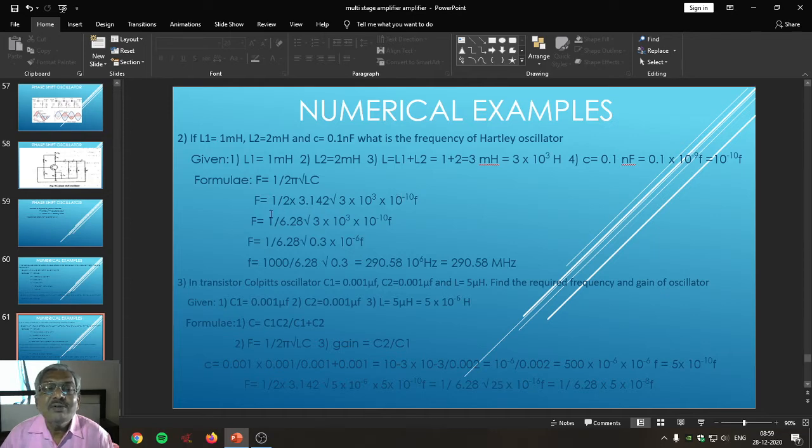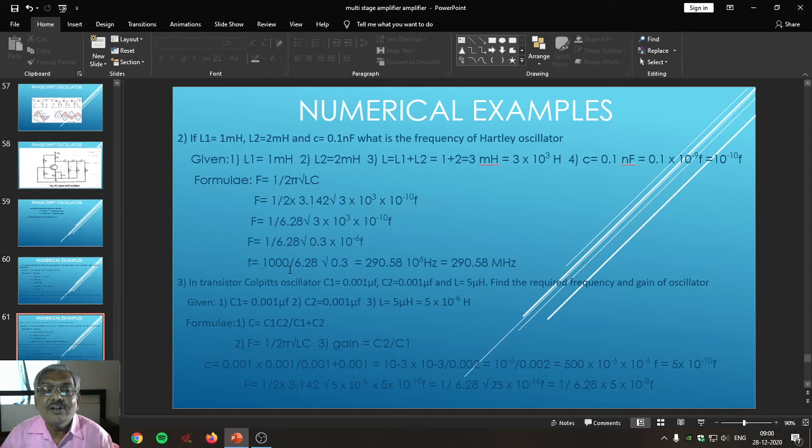That is equal to 1 upon 6.28 into square root of 3 into 10 raised to minus 13, which becomes 1 upon 6.28 into square root of 0.3 into 10 raised to minus 12. The square root gives 10 raised to minus 6, and the term goes to the numerator.